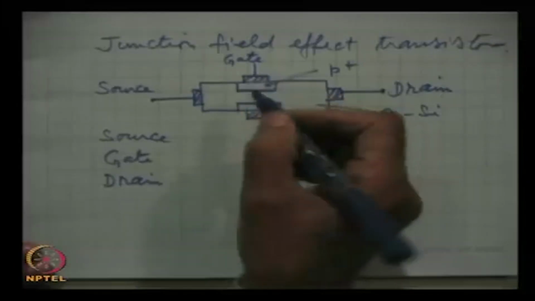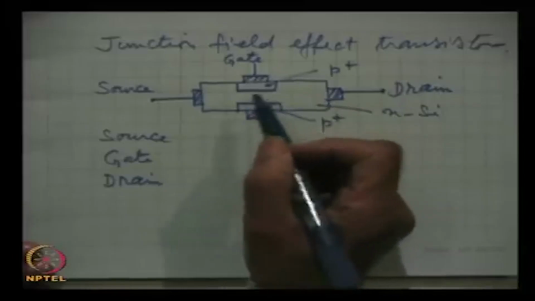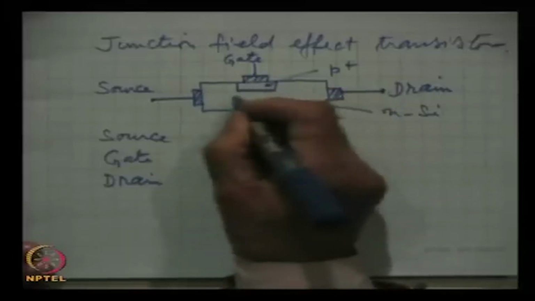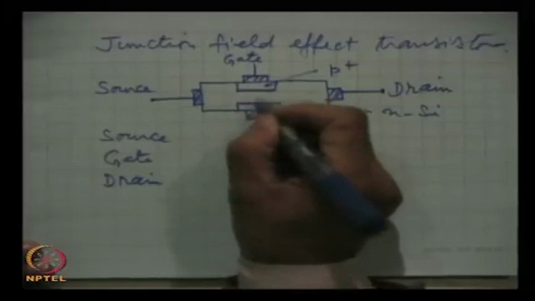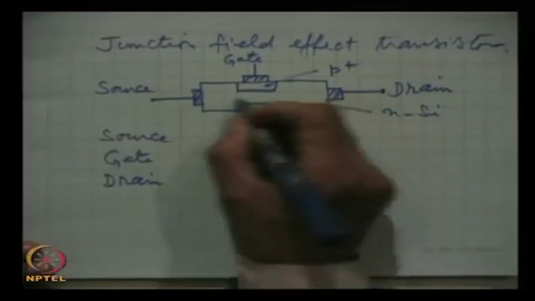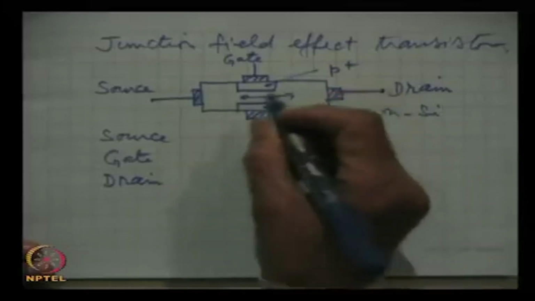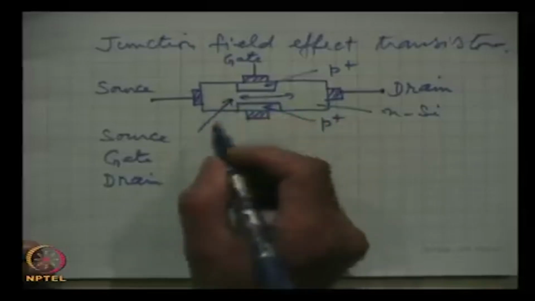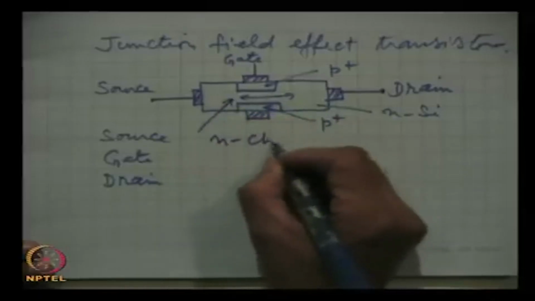Now, in between the two gates is called the channel. This is an n type channel, n channel.